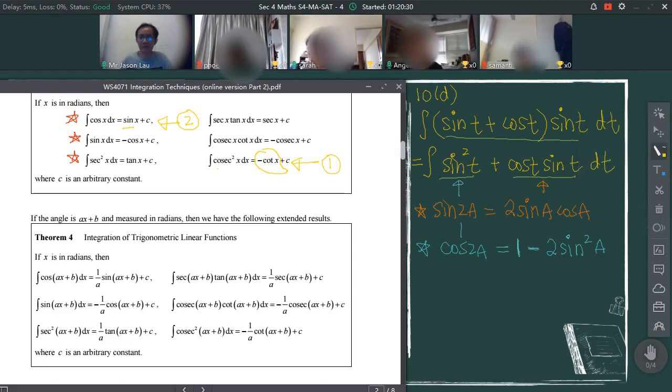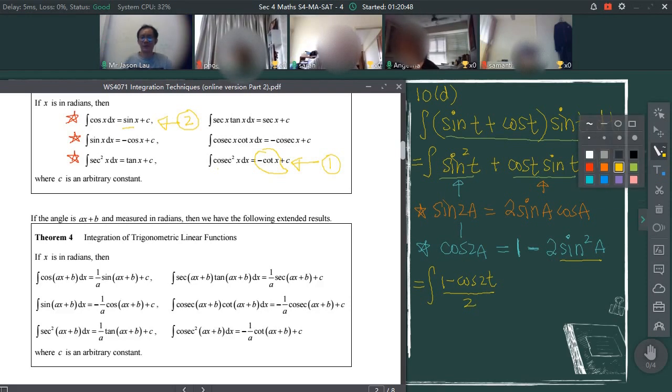We continue. We apply the formula for sine square. We make sine square the subject, and then we express it this way. Can you follow or not?